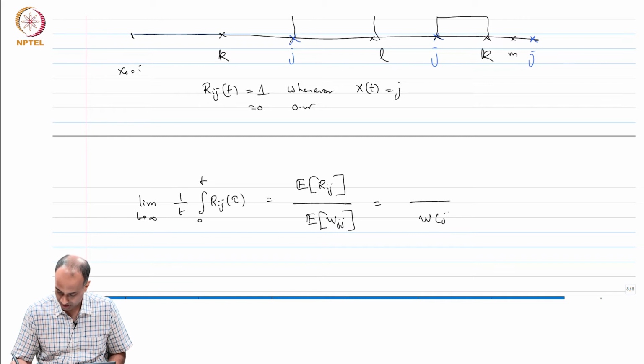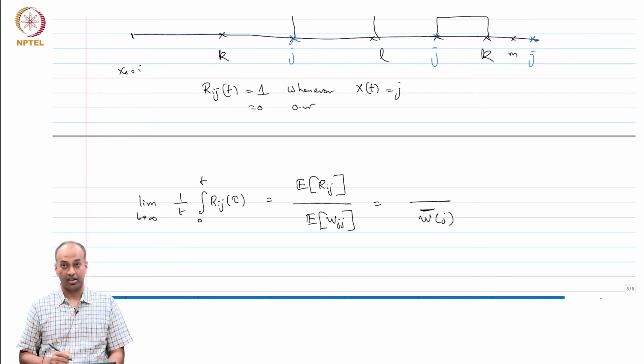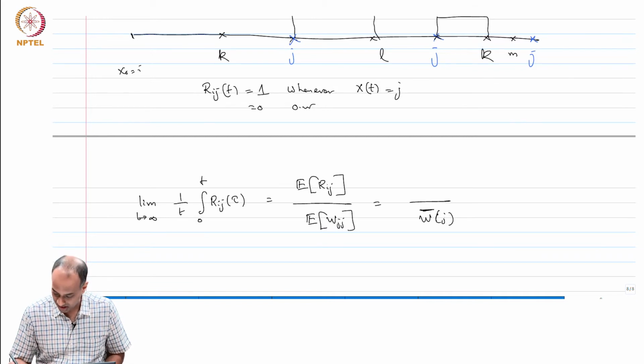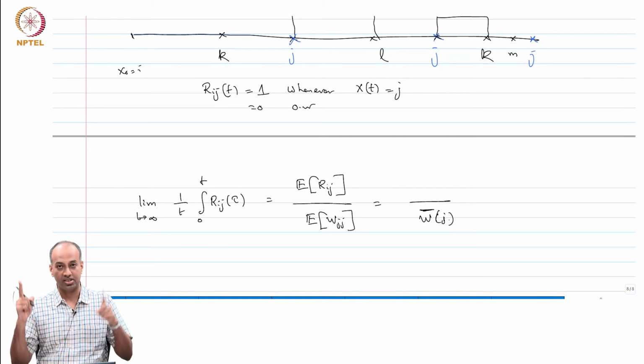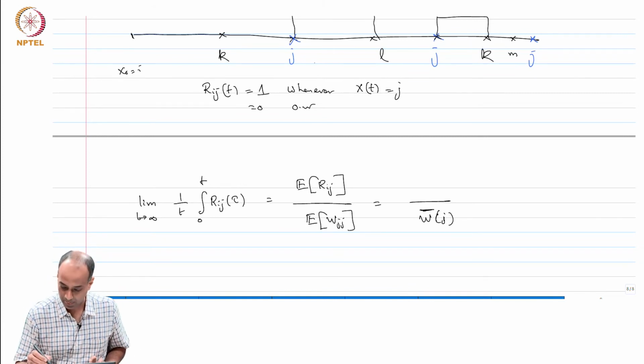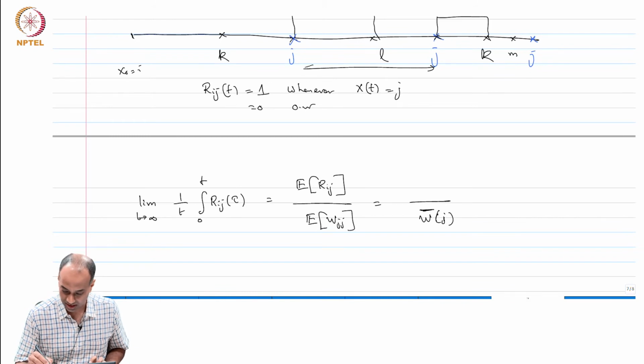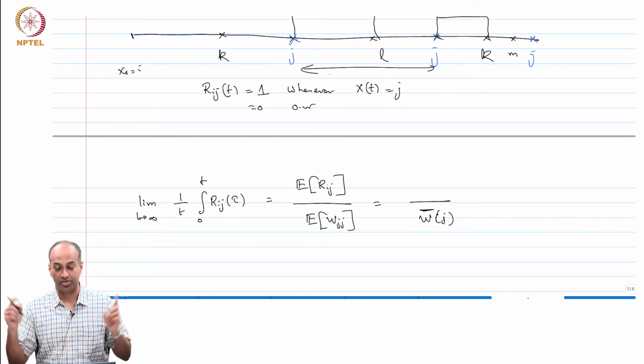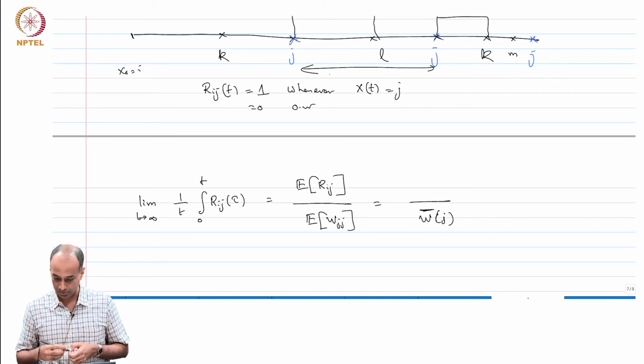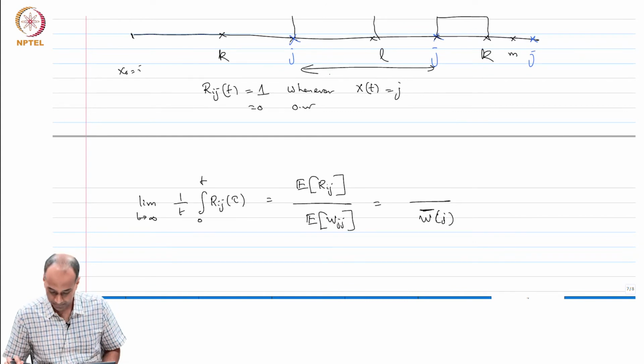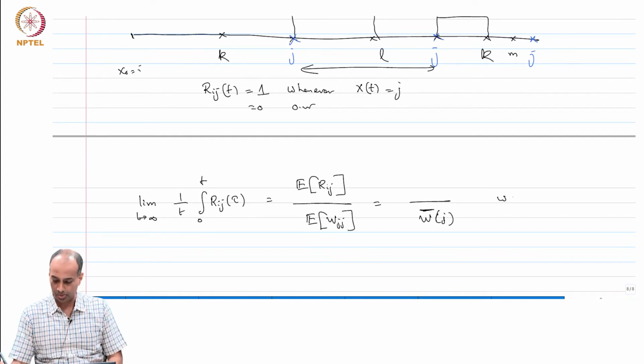As a matter of notation, I am going to call the expected Wjj, which is the expected renewal duration, Wj bar. This is true with probability 1.